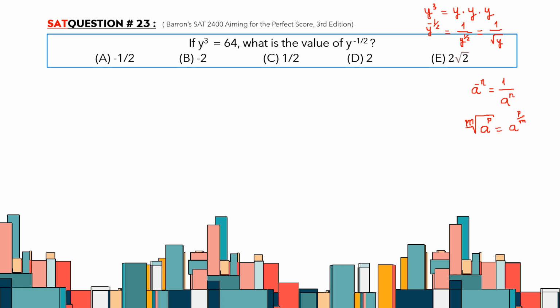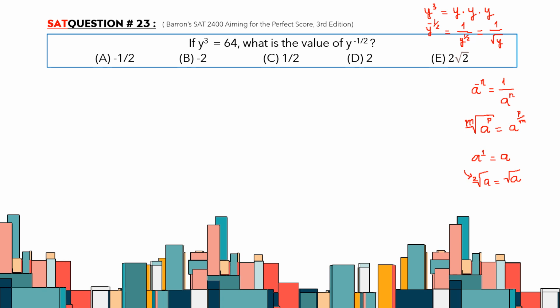So in this case, the power is 1 over 2, which means the power is 1. Anything with the power of 1 is itself. And root 2 is just displayed as the radical symbol. We don't have to write out the 2.